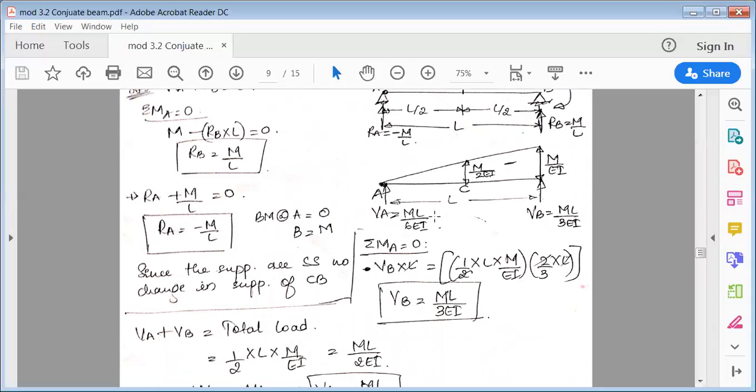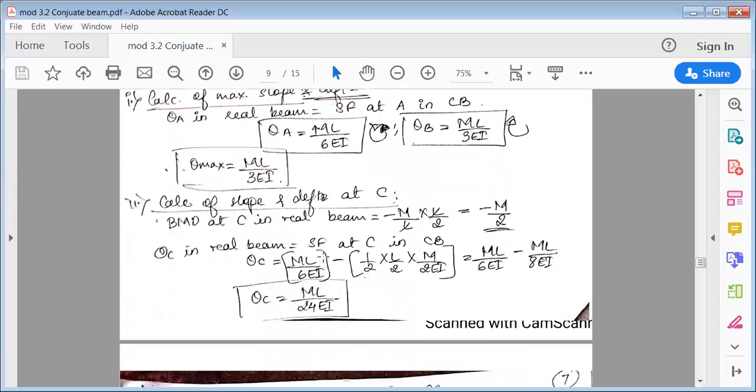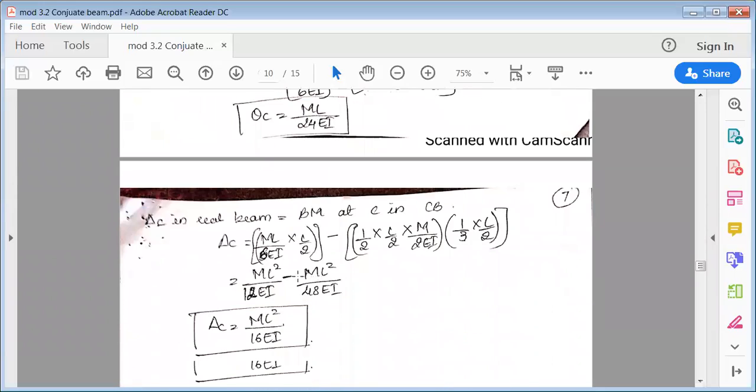So ML over 6EI into L by 2. Now it is going clockwise, so it is positive.